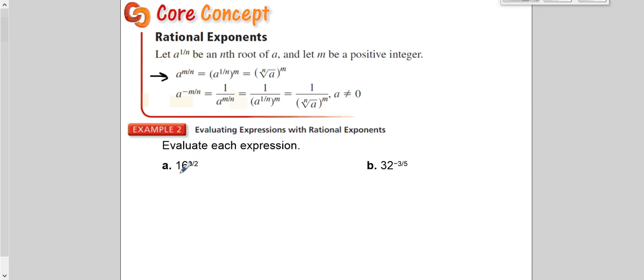So what we're going to do is break down our 16. 16 is 4 times 4. We want to write this as a power of prime numbers. So 16 is 2 to the 4th power. And then we have the 3 halves.